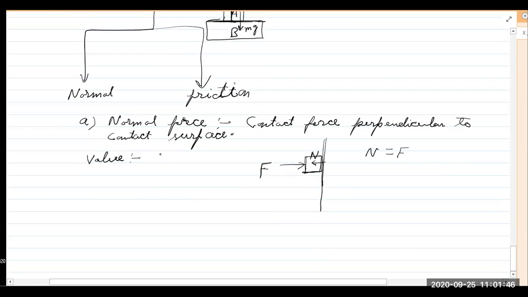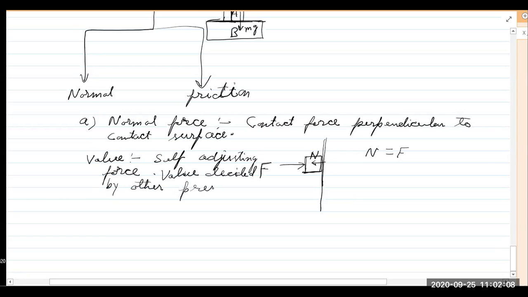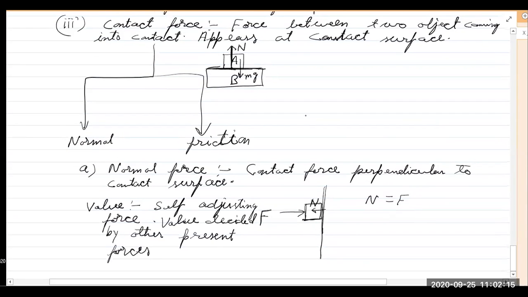So it is a self-adjusting force, with its value decided by other present forces.